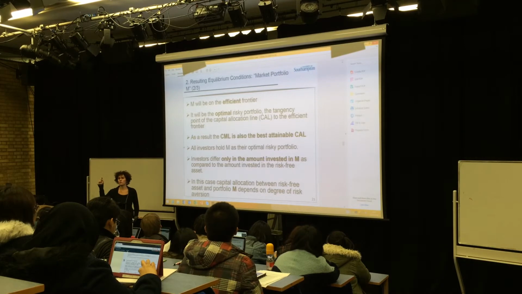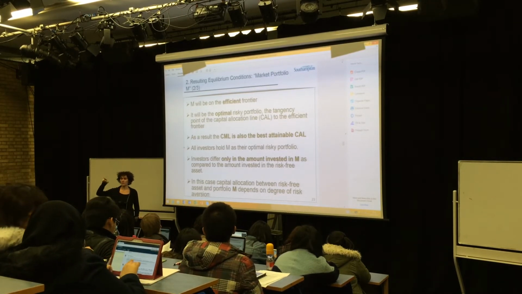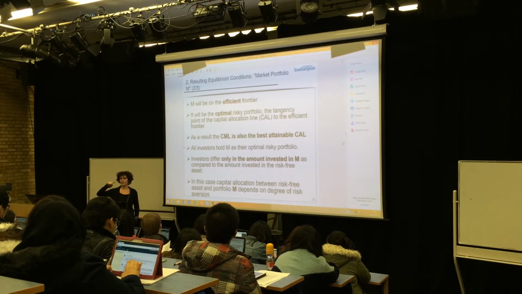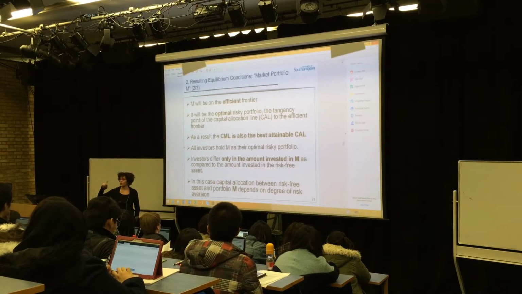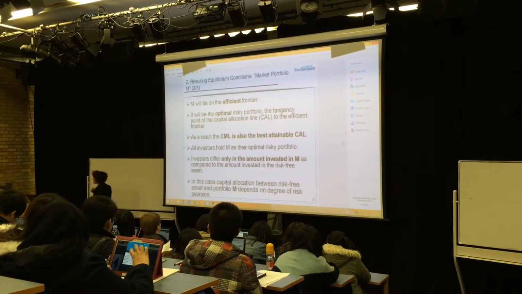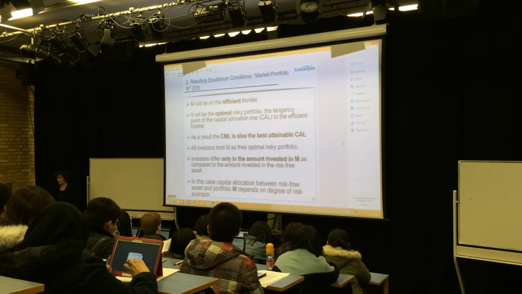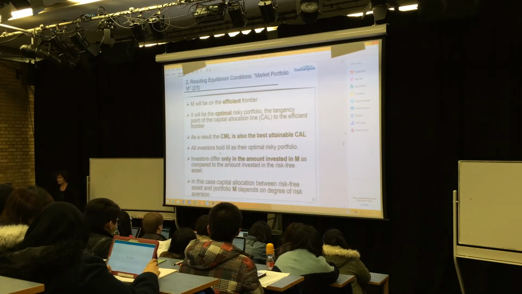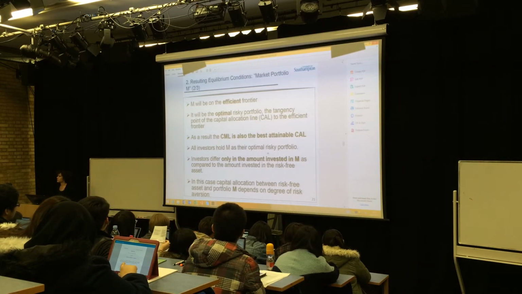Remember the capital allocation line? We were able to identify the tangency point between the efficient frontier and the capital allocation line. Now we have the capital market line, because my portfolio is the market portfolio, and all investors, keep in mind, hold M, which is the optimal risky portfolio.